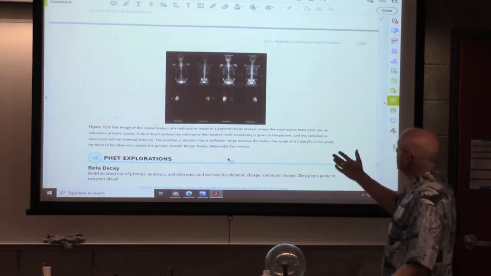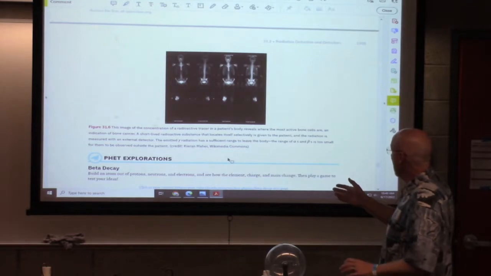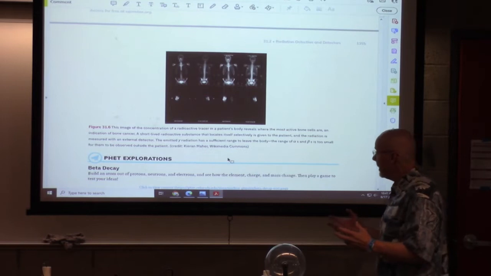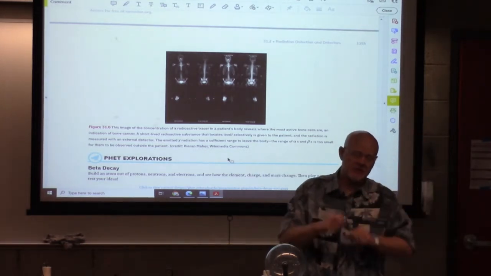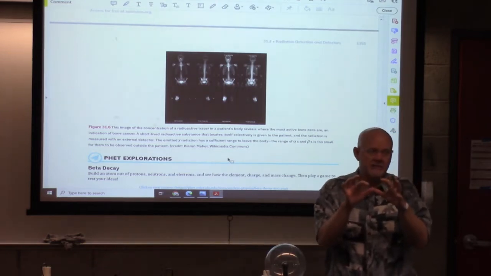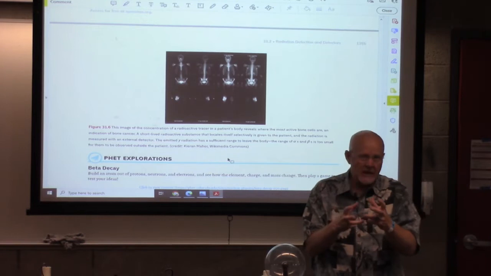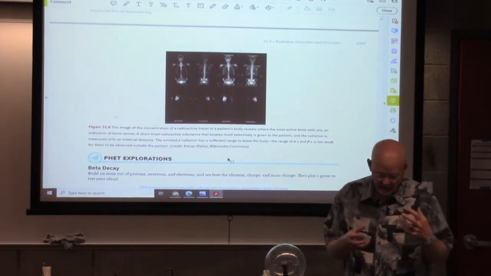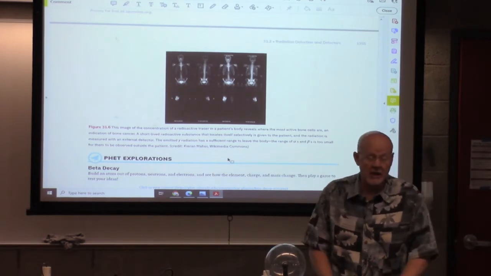Now, this one's a little different. This picture is showing what they call tracers, because what you can also do is put a small amount of this radioactive substance into some kind of compound, some kind of protein that gets absorbed in certain spots. Cancer is another good example.